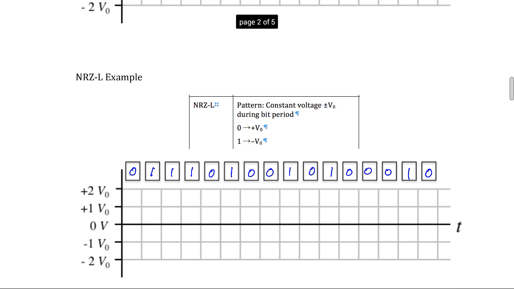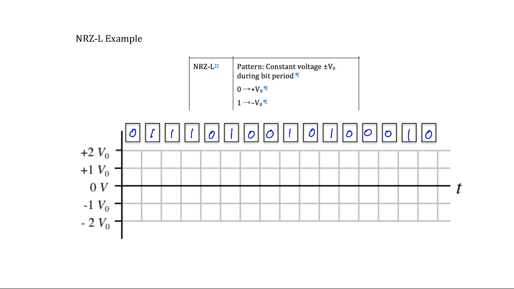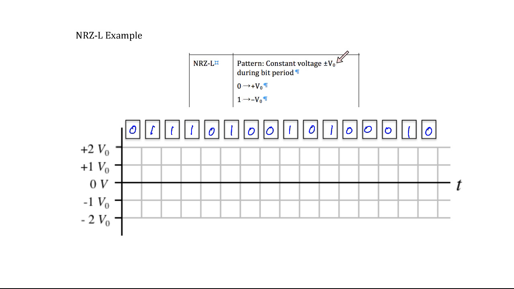Let's look at NRZL. Here we have the pattern: during the bit period, the pattern is a constant voltage, either plus or minus V naught, and a 0 gives a positive voltage and a 1 gives a negative. So this is, again, about as easy of a pattern. It seems kind of backwards.